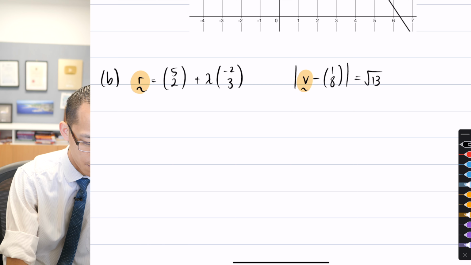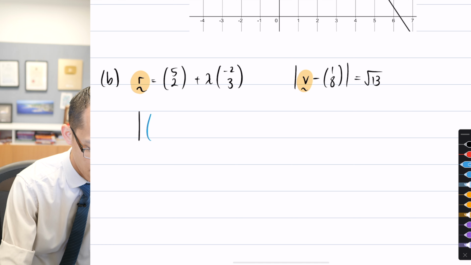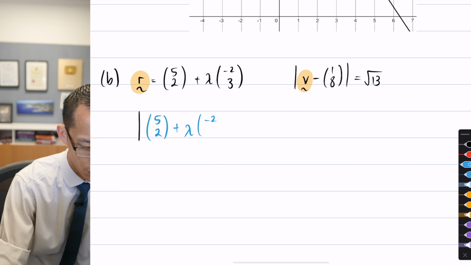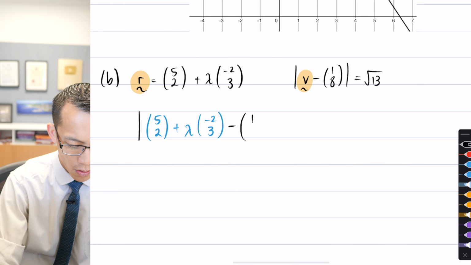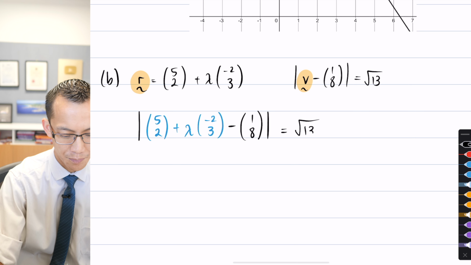So I've got the magnitude there, and just to make it very obvious what I'm doing here, here's the (5, 2) plus lambda (-2, 3) that I get from the straight line, and then I've got take away (1, 8) that comes from the circle, and that's the square root of 13.